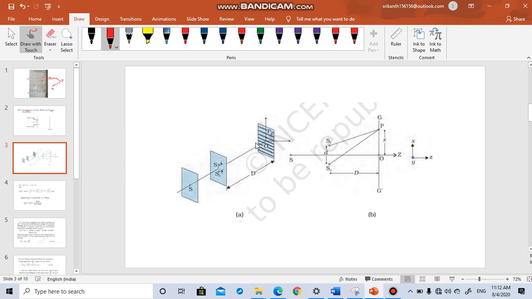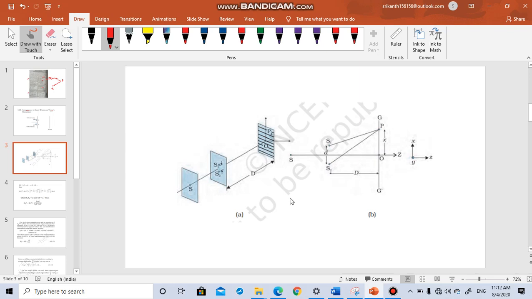If you release a bullet, meaning a particle, through the hole, it would go to the screen and stick on a point. But because light is not just a particle, it behaves like a wave. You are seeing bright spots, dark spots, then again bright spots, then again dark spots. You are seeing a pattern. That pattern is interference, because of the interference phenomenon.